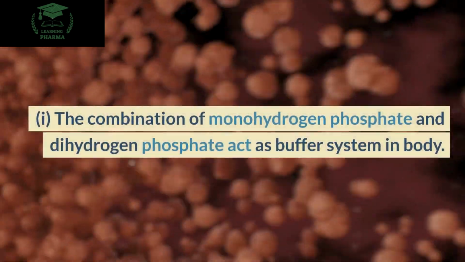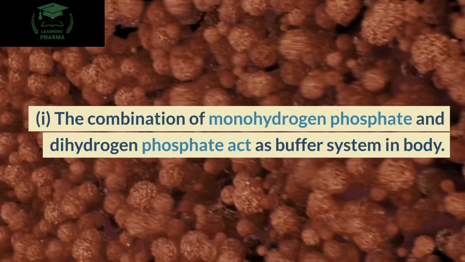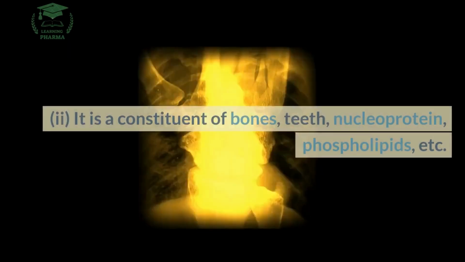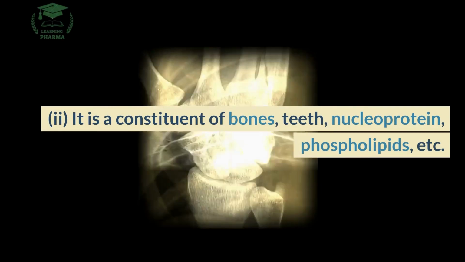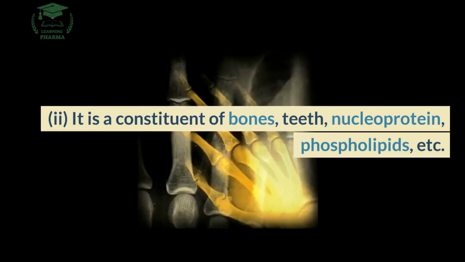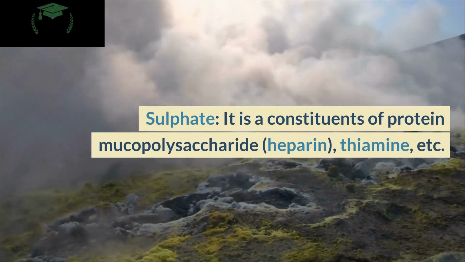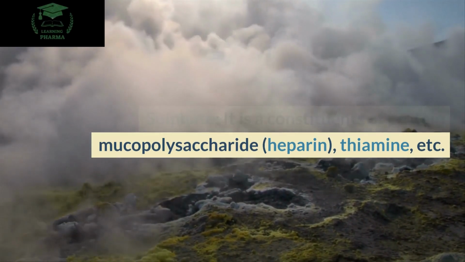The combination of monohydrogen phosphate and dihydrogen phosphate acts as a buffer system in the body. 2. It is a constituent of bones, teeth, nucleoprotein, phospholipids, etc. Sulfate: It is a constituent of protein, mucopolysaccharide, heparin, thiamine, etc.